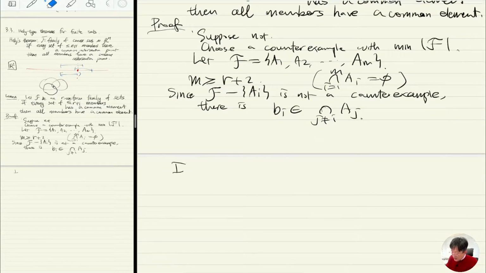Okay, so if B1, B2, up to Bm are all distinct, then what can you say?